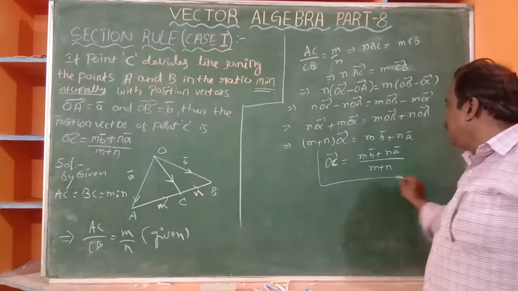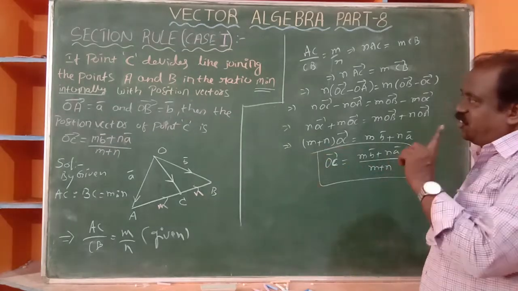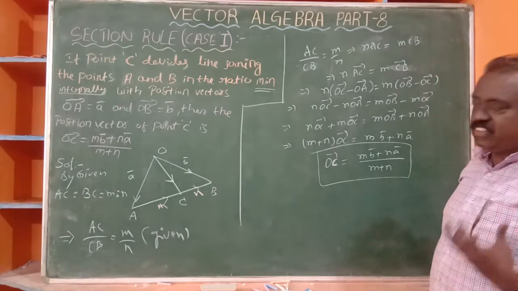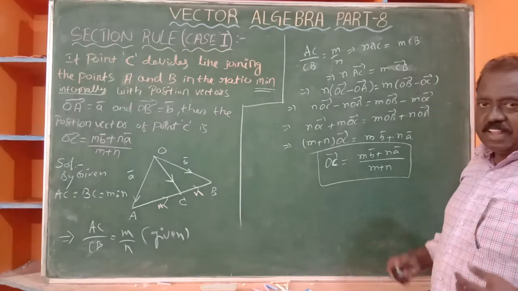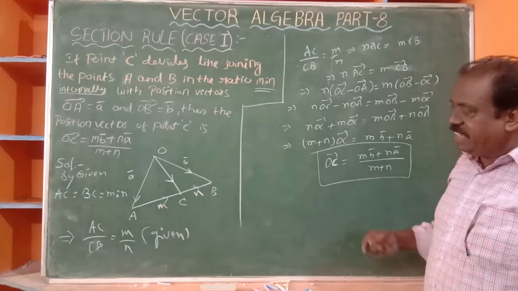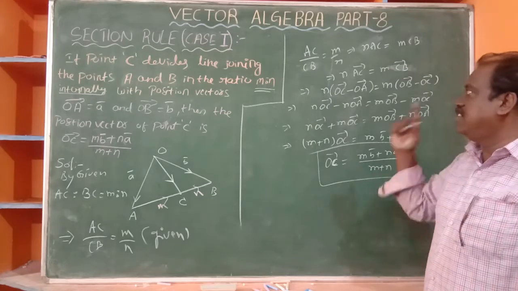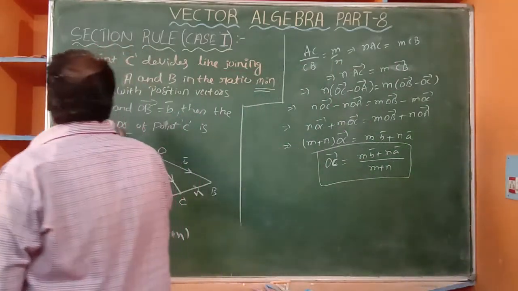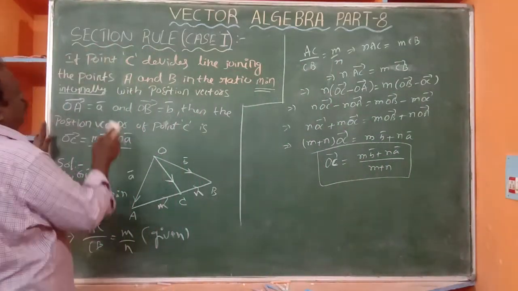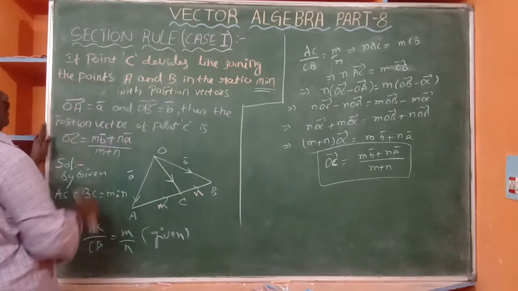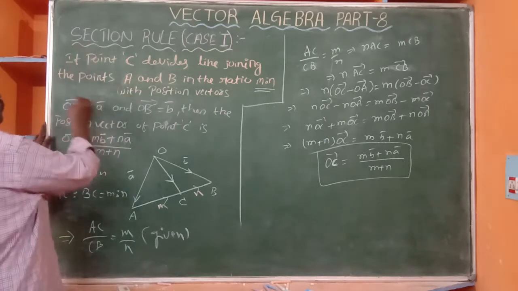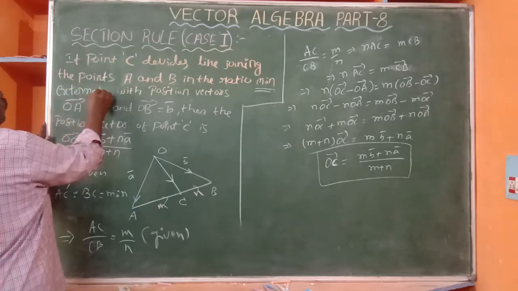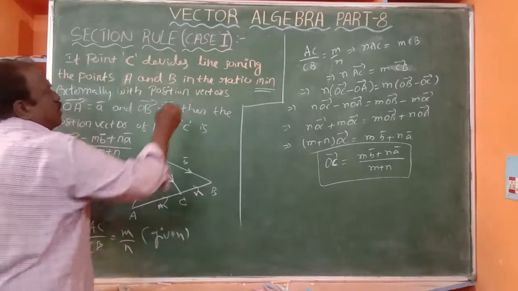Okay? It is the first case. That means internally the ratio, the C divides line segment AB internally. It is inside AB. Okay, that is case 1. Now, simply we will change it to externally. Same, it is externally, and it is case 2.